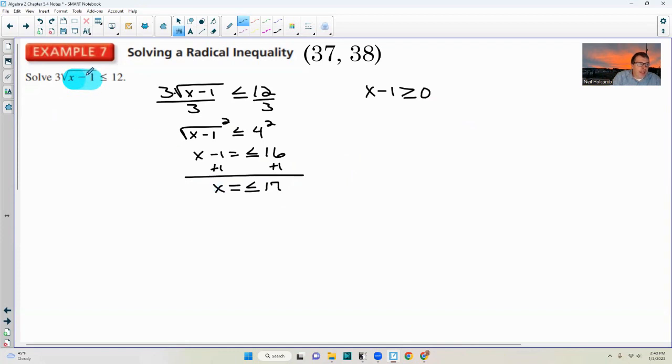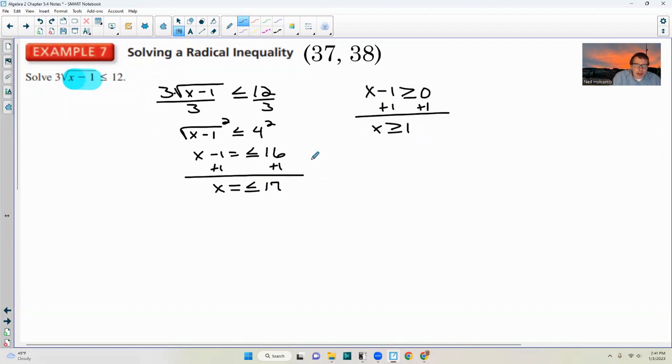The square root of -9 is 3i. 3i is less than or equal to 12. It's imaginary. How can you compare it to a real number? You can't. So that's why we set the radicand greater than or equal to 0 at the same time. Now solve for x, and x is greater than or equal to 1.